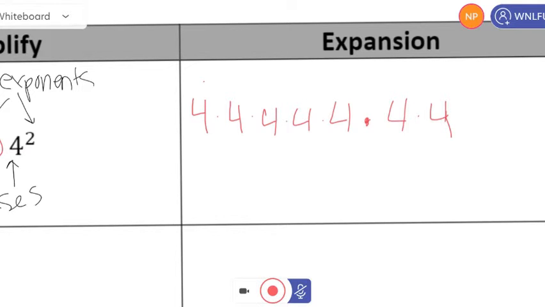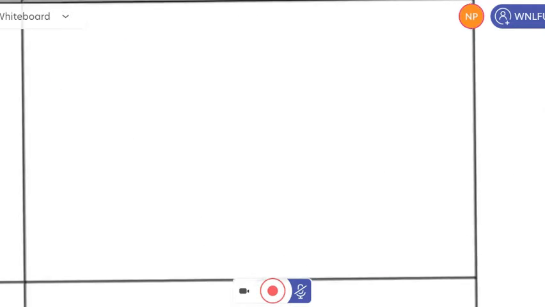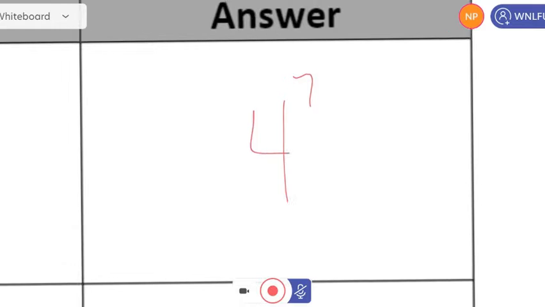So if I look at my expansion, I have a total of 1, 2, 3, 4, 5, 6, 7 4s. So I can rewrite the exponential expression as 4 to the power of 7.